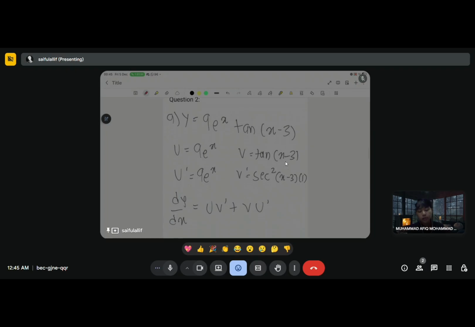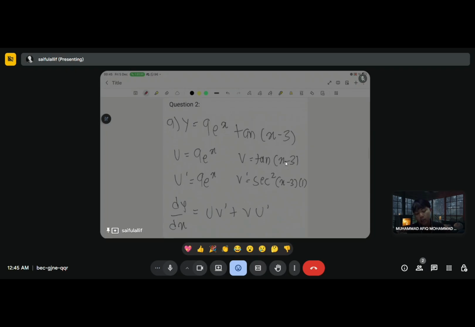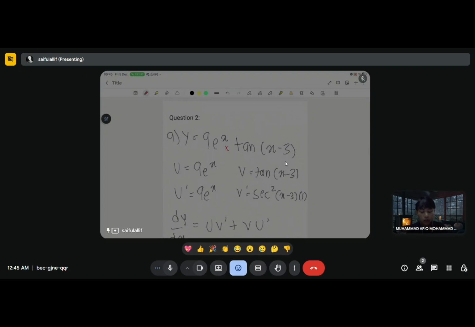The question asks: y equals 9e^x times (tan x minus 3). Basically it says times here, so we need to use the product rule, one of the techniques that I mentioned before. In the product rule formula, there are u and v.